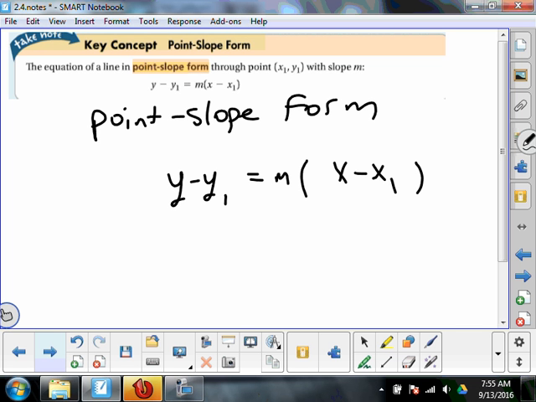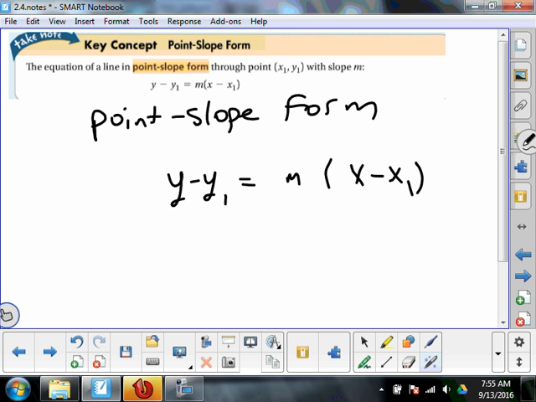Somebody said it. It comes from the formula for slope. Remember, the slope formula says m equals what? y2 minus y1 over x2 minus x1. So all we did was we kind of just jumbled around the slope formula. That's where point-slope form comes from.